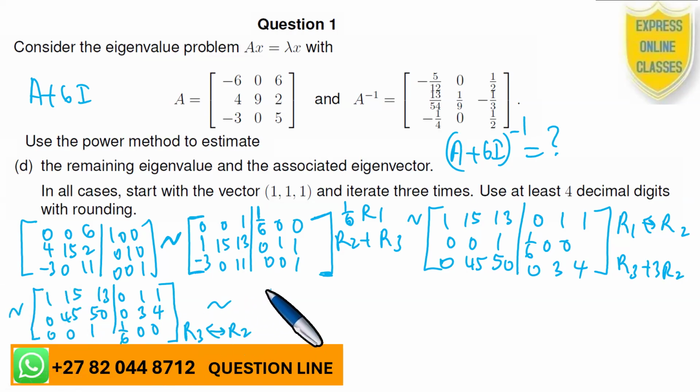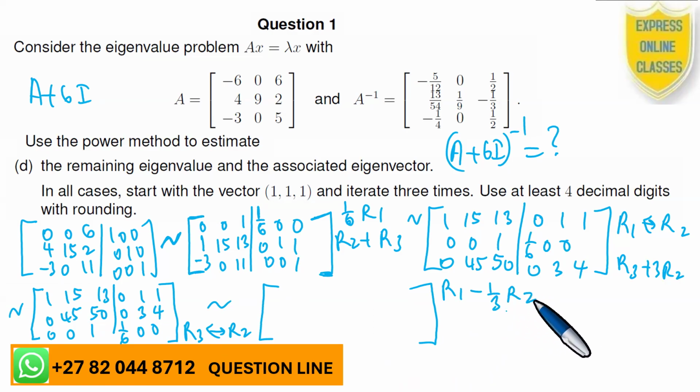So that in the end, row 1 minus 1/3 row 2. So now we have 1/3, and then it's going to become a 0. Okay, so you have 1/3 of this.